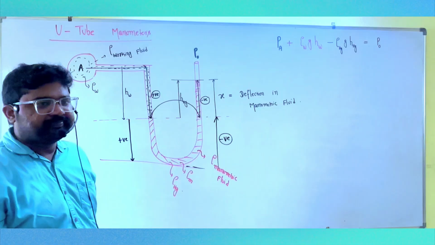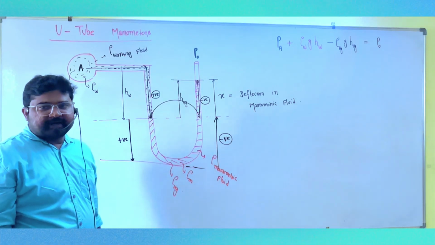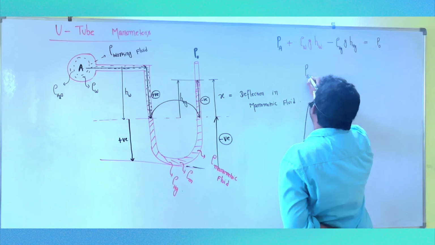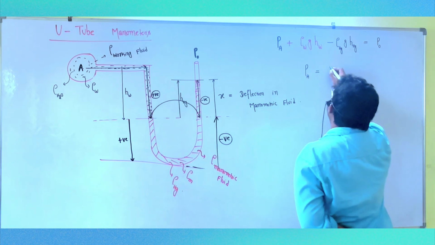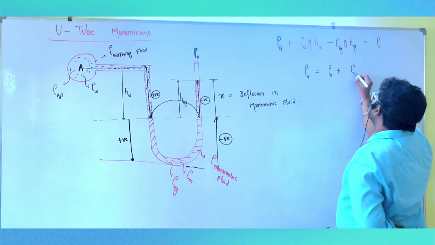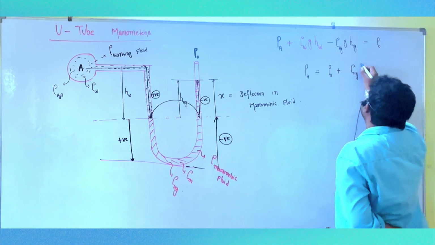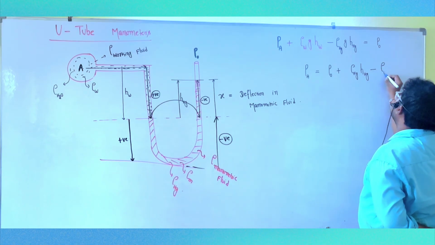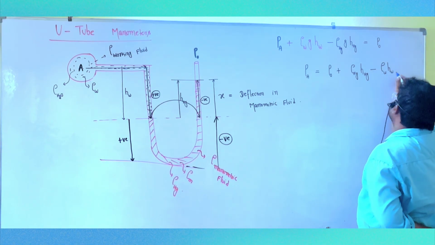Are you following? Then PA is equal to P naught plus density of mercury into h mercury into g, minus density of water into h water into g.